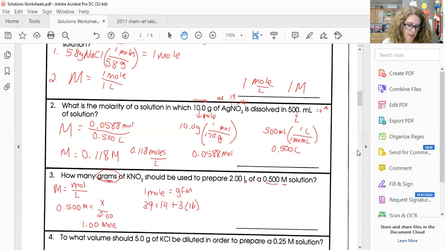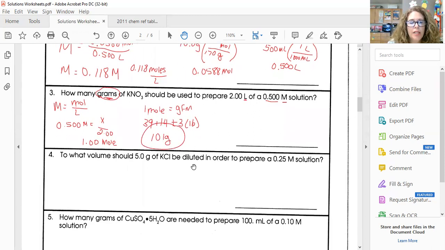That's 48. And then I'm going to add that 14, add that 39, and now I have a mass of 101. All right, so that means I have 101 grams. And do I have 3 sig figs? Yes. Cool, 101 grams is my final answer.